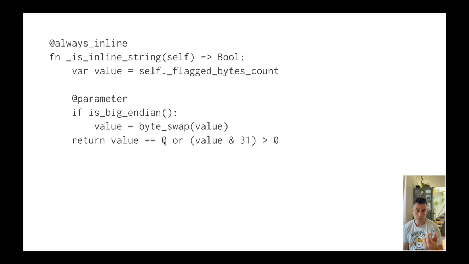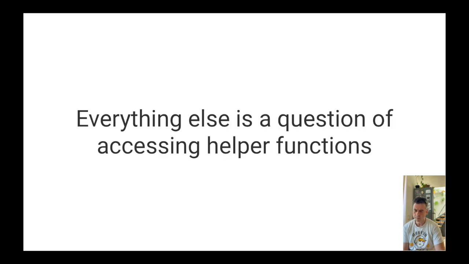It's an empty string, and an empty string is small and inline. Otherwise, we just check if the first 5 bits of the value are bigger than 0. If they are, we have a small inline string on our hands. Otherwise, no.